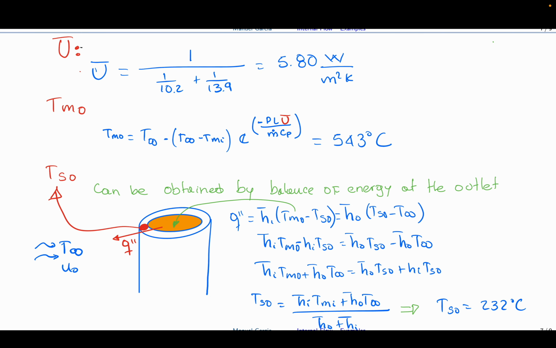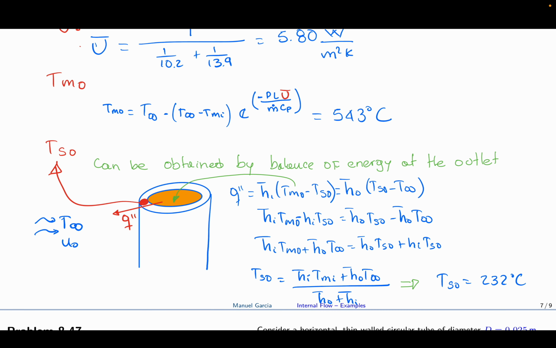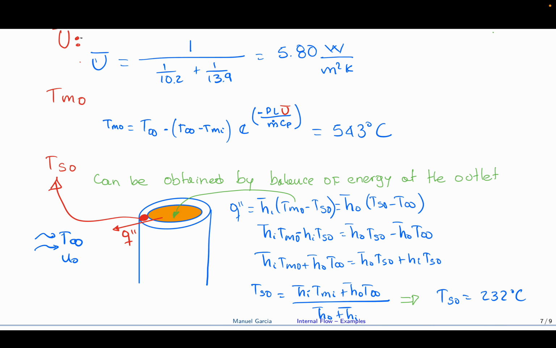The second one is, what is the temperature on the surface? For the temperature on the surface, we can use the standard resistance system, or a balance of energy in the pipe. All the energy that is coming from internal convection is going to the outside by external convection.